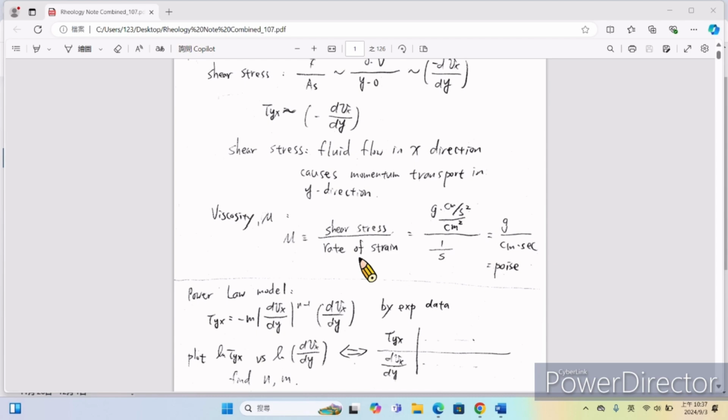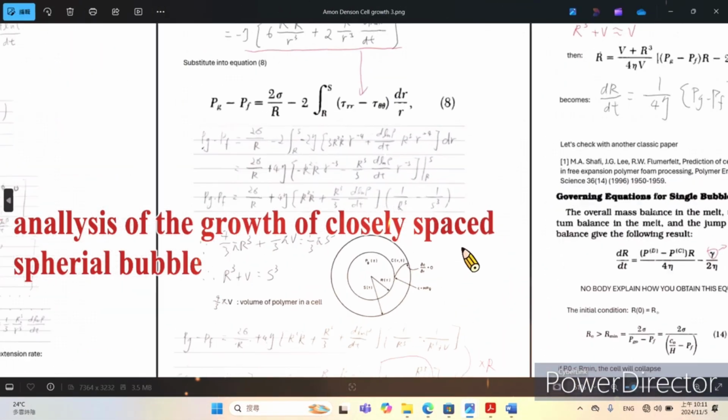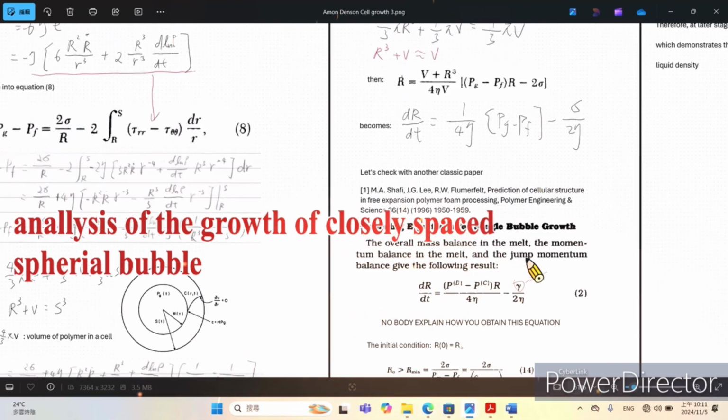The unit is 1/second, right? Because this is distance over second, and you are dividing it by distance. So the unit is 1/second. Then based on this, shear stress divided by rate of strain, you get the viscosity.